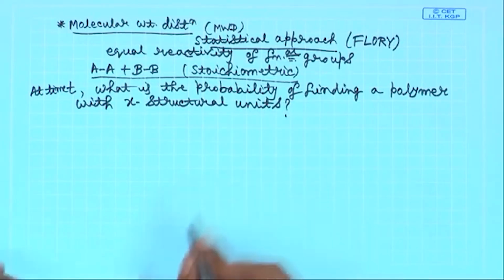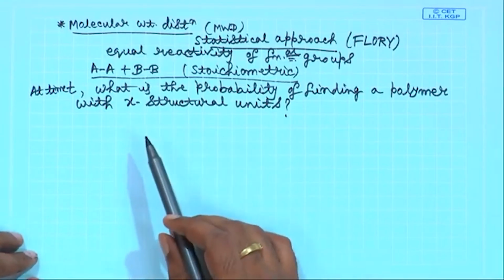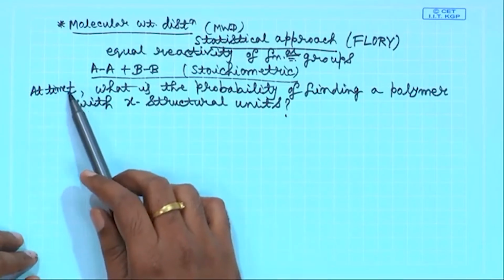So, the polymer is growing with time. The question that we are going to ask is that suppose the reaction has progressed up to time t. At this point of time, what is the probability that we will find a polymer that is having x number of structural units? As you know, we are looking at averages.